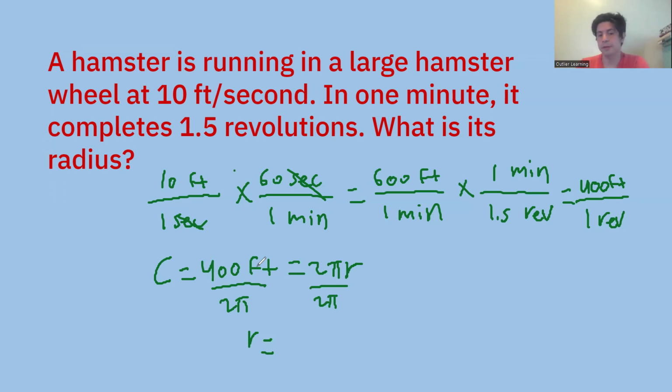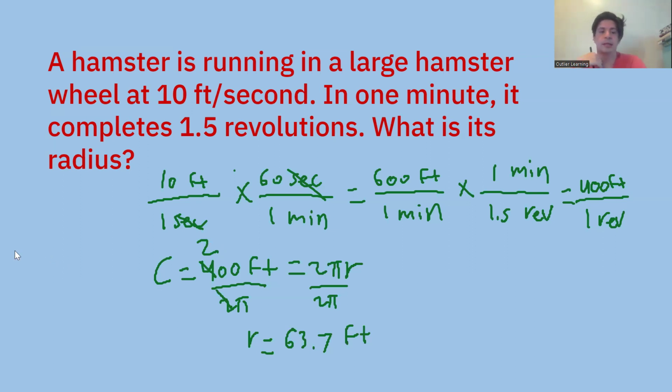So 400 divided by 2 pi, that's going to be 200 divided by pi, because we can cancel out the 4 and the 2. And that is going to get us 63.7 feet. Okay, so it's a nicely sized hamster wheel. And if you want to convert that into inches, you just multiply that by 12. Into miles, you divide by 5,280.